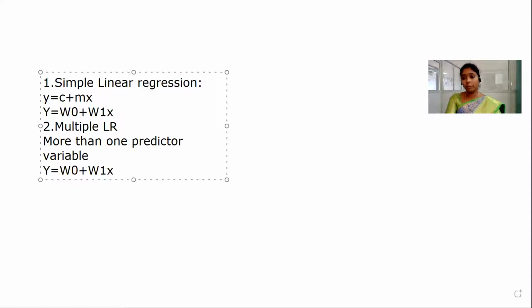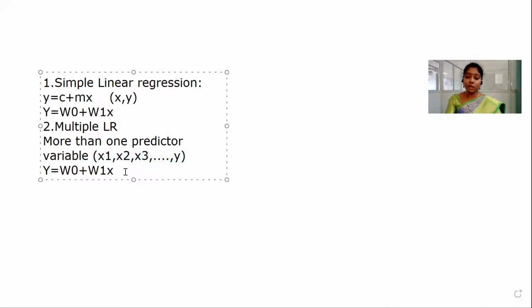If we have more than one predictor variable for a given response variable, then whereas here for a given x we have a certain y, here we have x1, x2, x3 and so on for a given y. The record is in this way in case of multiple linear regression.